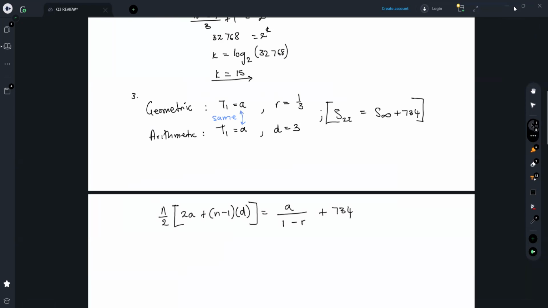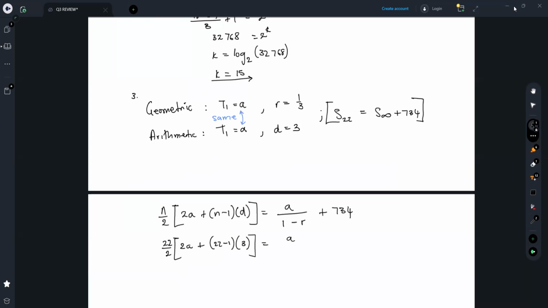Now whenever you're looking for n, remember that they told us it's 22 terms. So we have 22 over 2 times 2a plus 22 minus 1 multiplied by 3, close bracket.